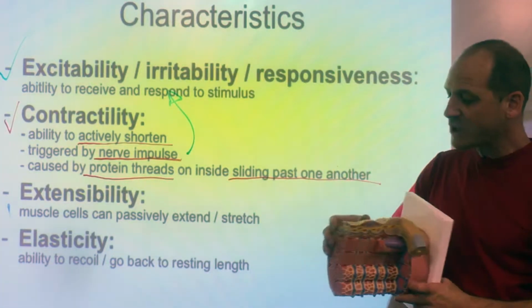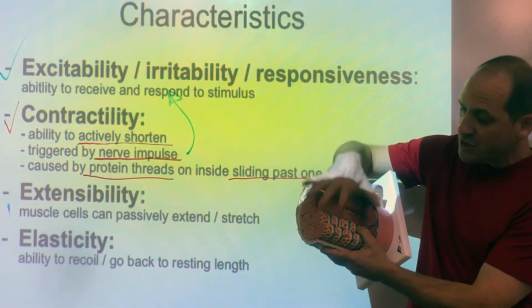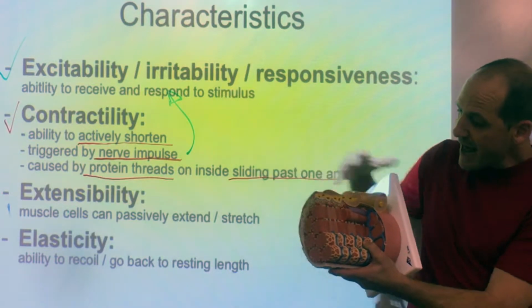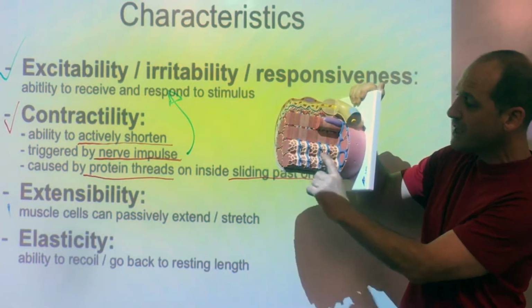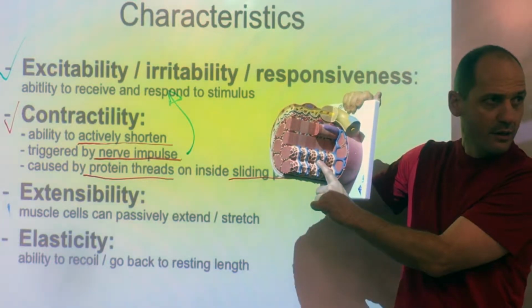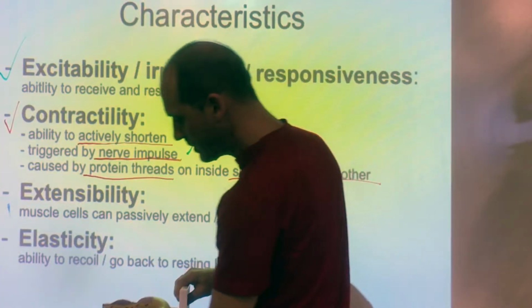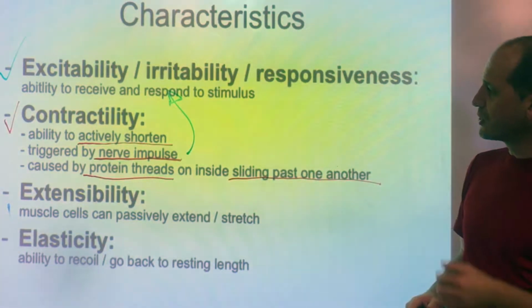Then the cell membrane around the muscle is irritable in its own right, and that cell membrane goes deep through every little deep muscle, and those are the blue lines that we can see. We're going to look at that in a little more detail in a minute. So that's part of what happens in a muscle contraction as a physiological response.